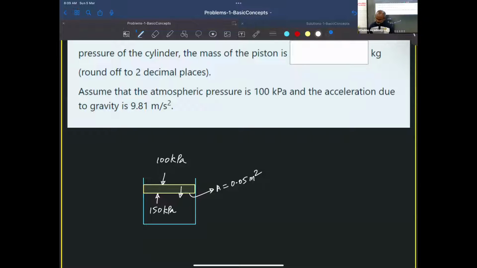So if you write the force balance, how do you write force? Pressure is always equal to force per unit area.